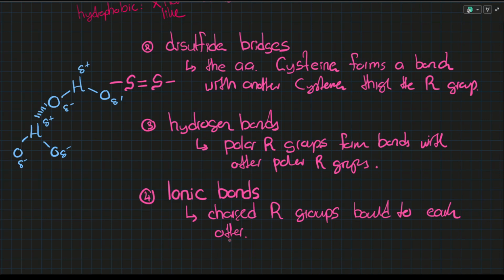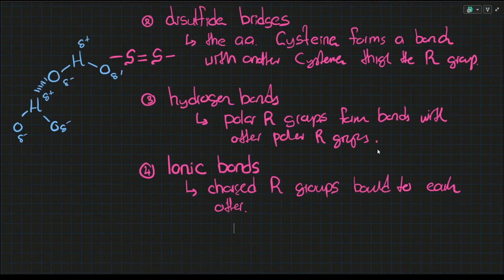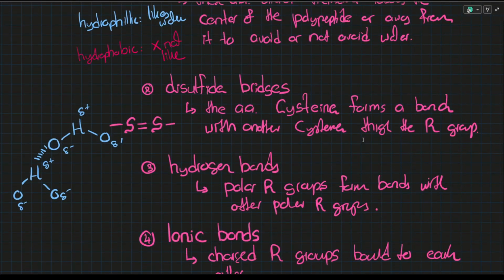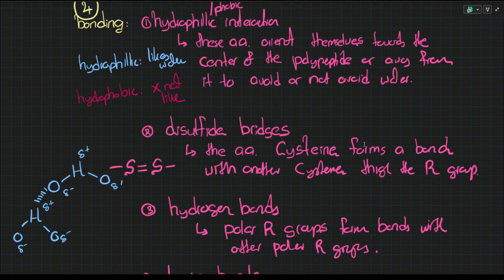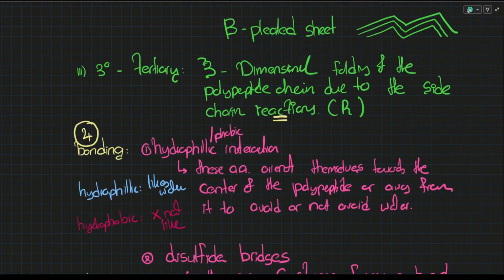We have to have a charged side chain for all this to work. Otherwise, it's not possible. And those are the main 4 types of bonds that can be involved in the formation of the tertiary structure of proteins.